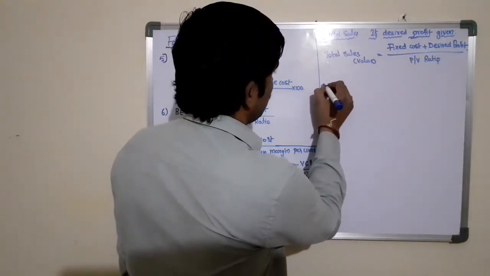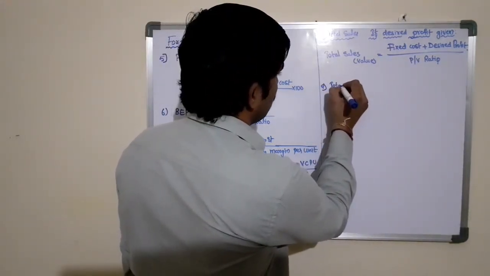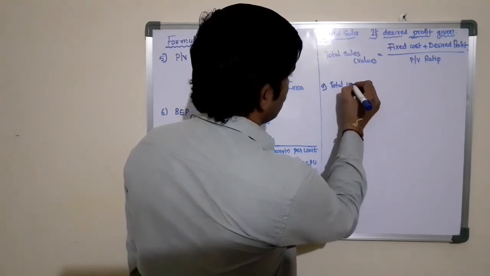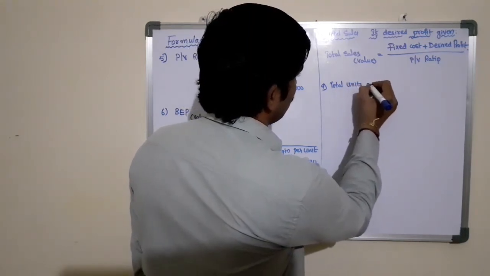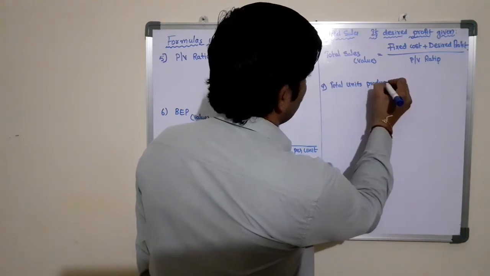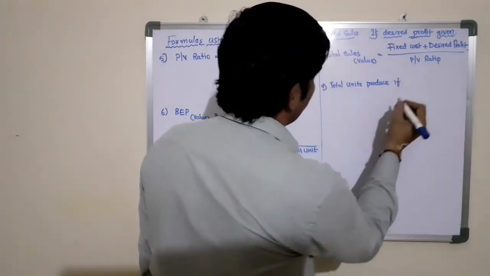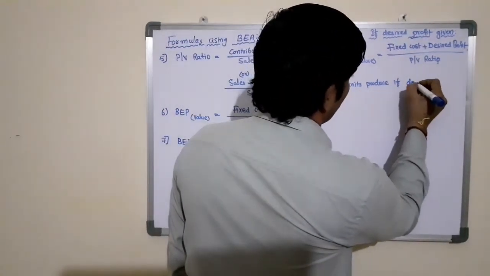The ninth one is total units produced if desired profit given.